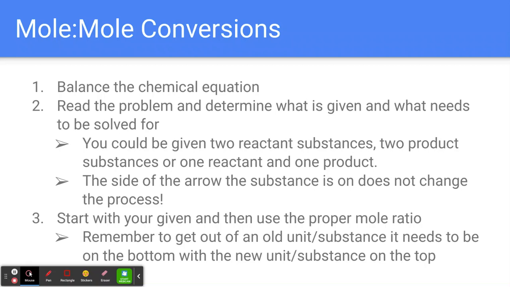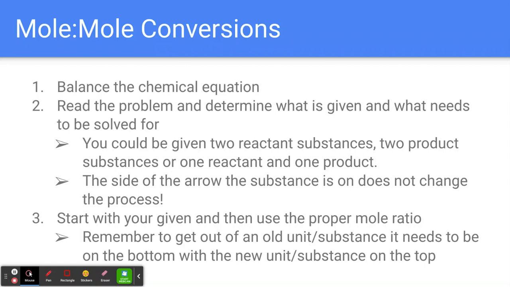Please do not get hung up on the fact that it sometimes may not make sense to you why we're given 2 reactants or 2 products in the problem. A lot of times it makes more sense to deal with a reactant and a product, but we can do any sort of thing.